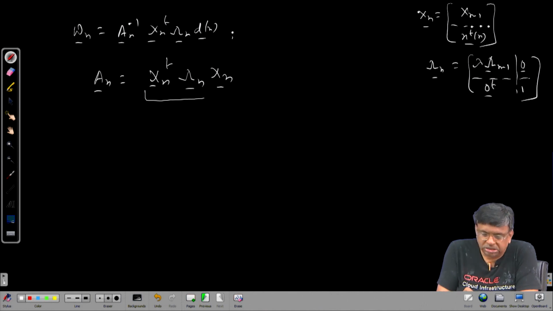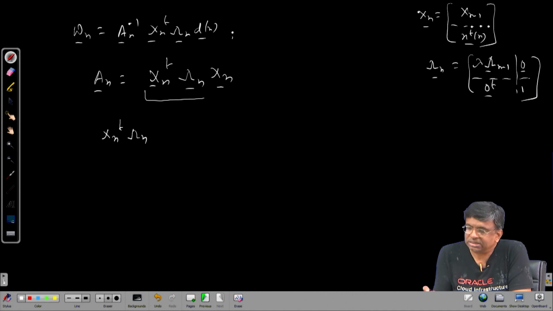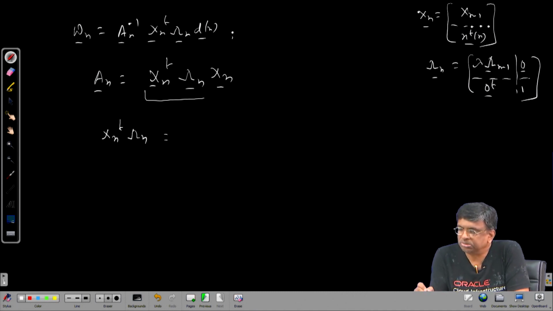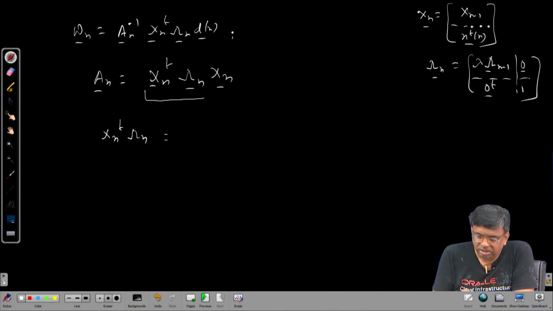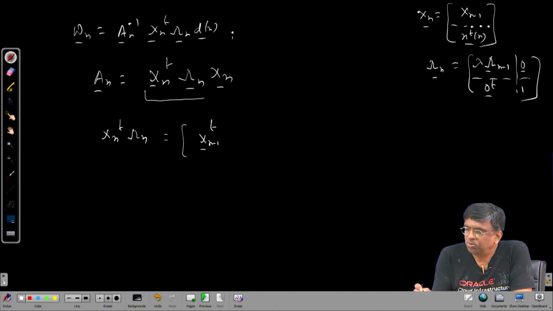So, if I carry out this part, this into this: x n transpose, this is x n. X n transpose means the first row becomes the first column, the second row becomes the second column, like that, and the last row becomes the last column. So, the first row of x n minus 1 is the first column here, the second row of x n minus 1 is the second column here, dot dot dot.